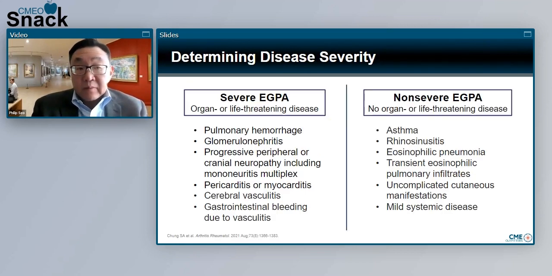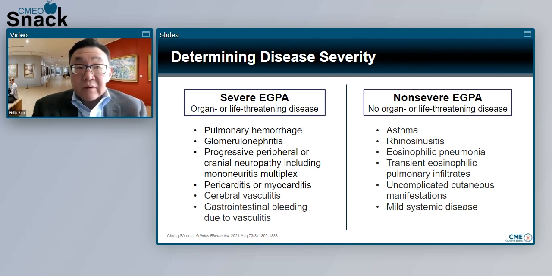So with that approach, when we think about remission induction strategies, we really think about patients in terms of severe versus non-severe disease. Severe disease is what we think of as threatening life or the function of a vital organ. So the manifestations you most commonly think about in vasculitis are things like pulmonary hemorrhage, glomerulonephritis, and mononeuritis multiplex. It's those patients that really get treated with our most aggressive therapies.